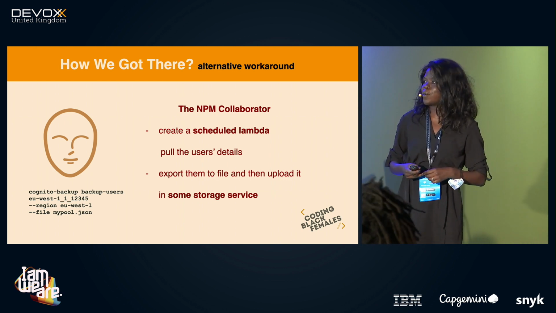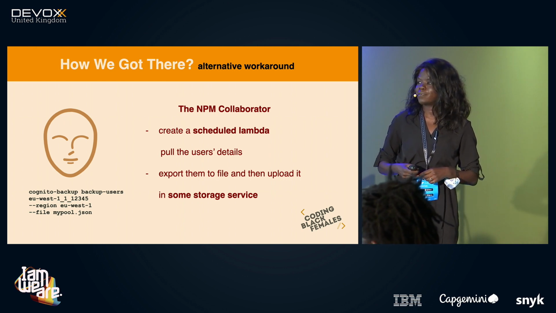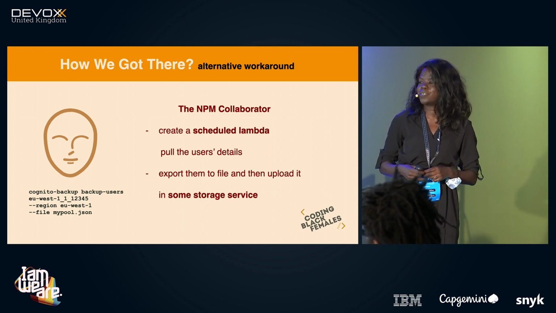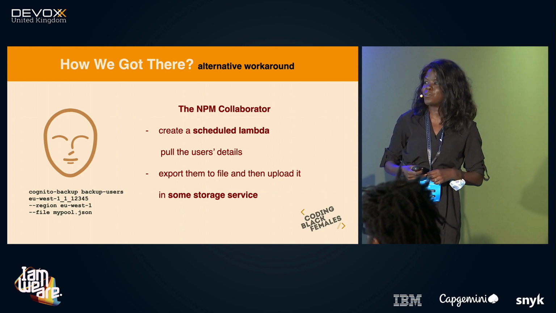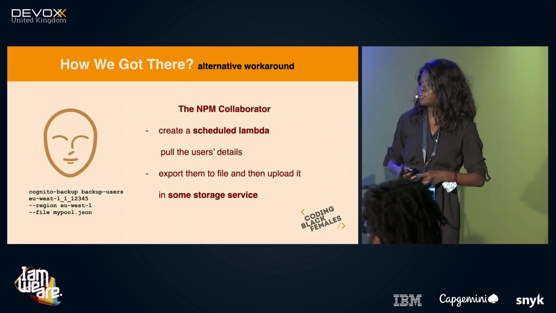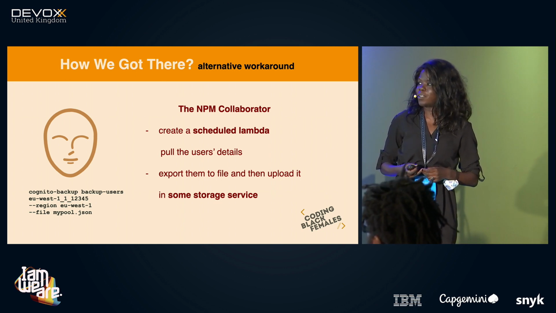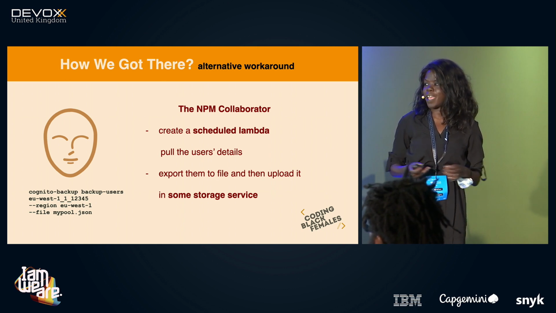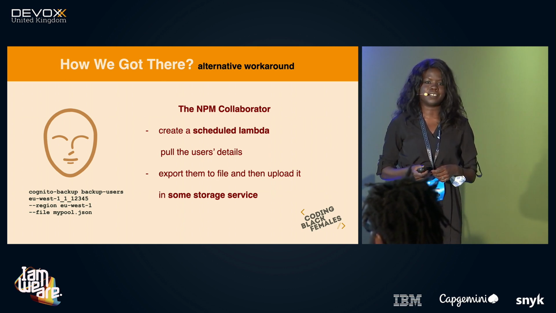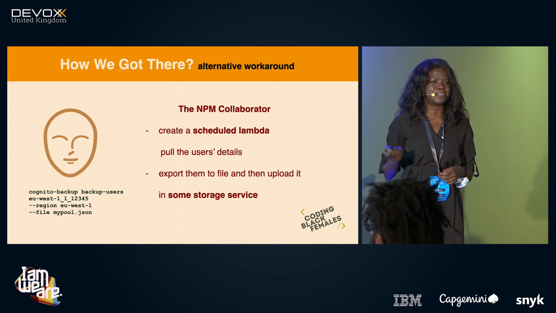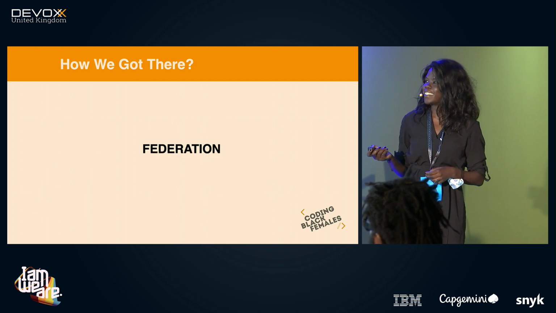He wrote a library, and all you need to do is input some very simple information, such as your region and the file name you want to export your data to. And you can use that instead to export your user data into any storage service. It doesn't need to be AWS. So that was the user pool experience.